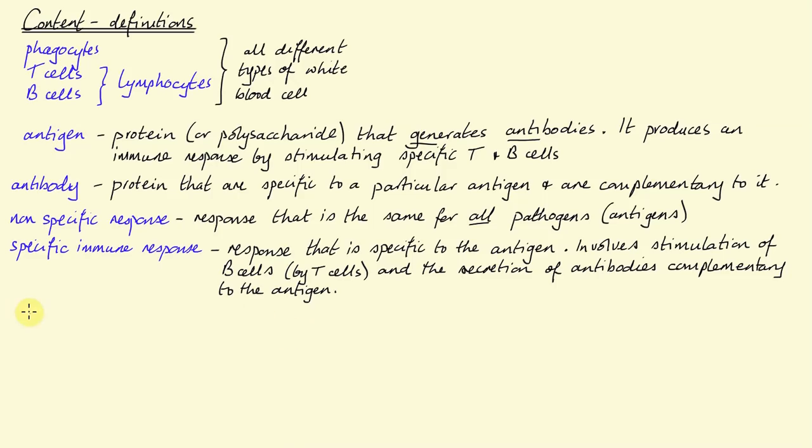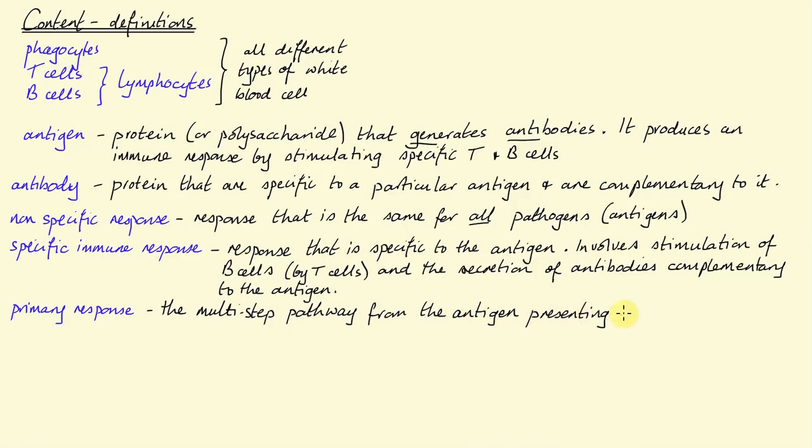The primary response is the multi-step process that occurs from an antigen-presenting cell being detected in the body all the way through to the secretion of antibodies. Again, this will be absolutely clarified in the diagram that follows.